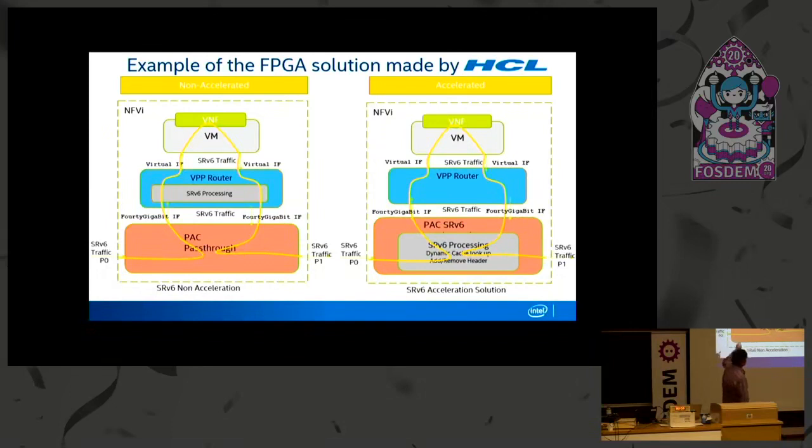This blue part is the part which creates some router or switch inside a software switch, and this blue part is visible to the user. In our acceleration solution, we put the hardware acceleration inside of the hardware, but we keep this invisible to the user, or to the application.